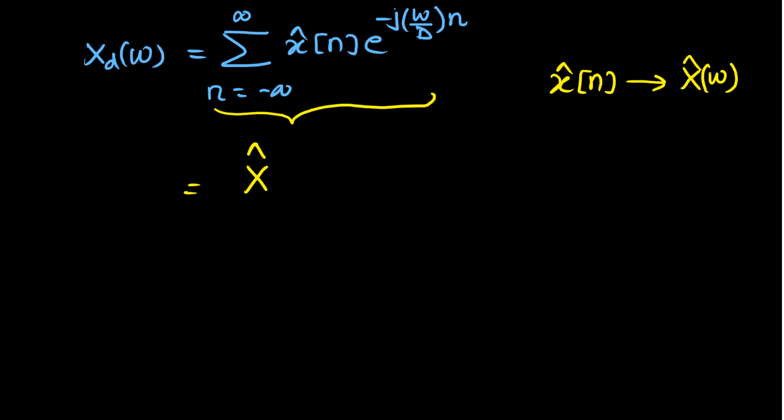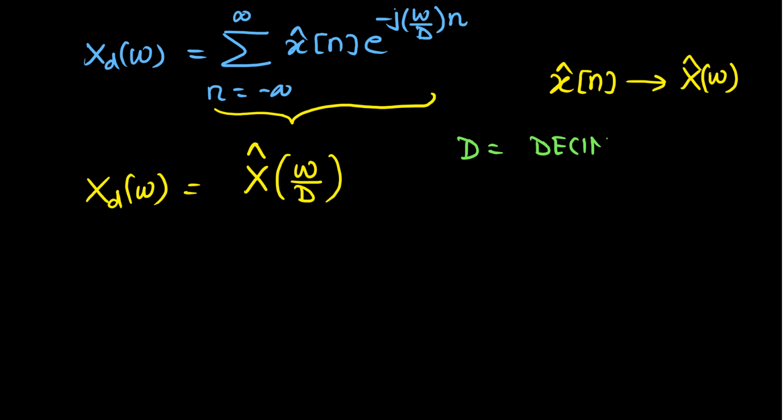So this is the Fourier transform of x hat of n, but now this omega is scaled by a factor of d. So this is what we have as x d of omega is equal to x hat of omega by d, where this d is the decimation factor.